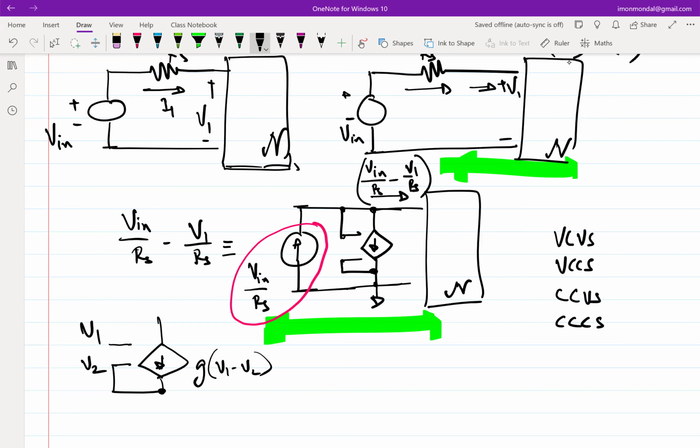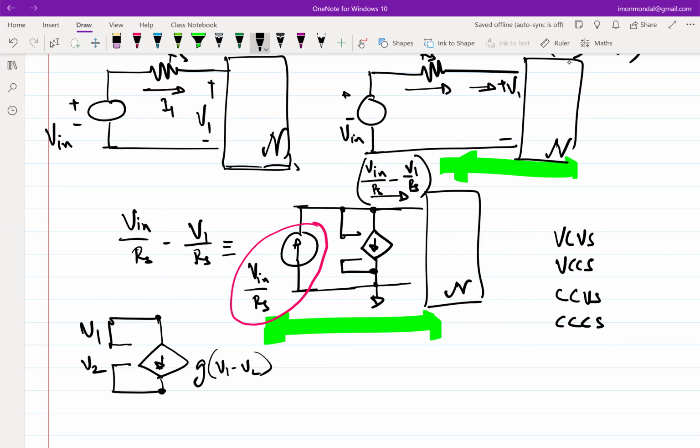If the one that has the negative sign attached to it connects the way I have shown, and the other one goes like this, then essentially we end up with the same structure.